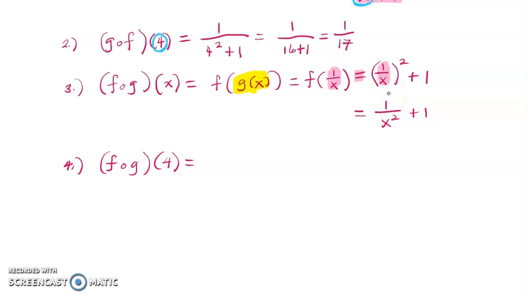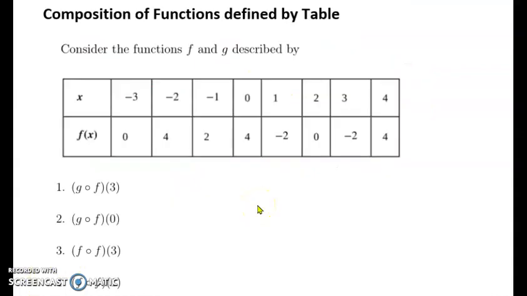It is just equal to 1 over 4 squared plus mag-add tayo ng 1 doon. Or we can just write that one as 1 over 16 plus 1. Or simply 17 over 16.